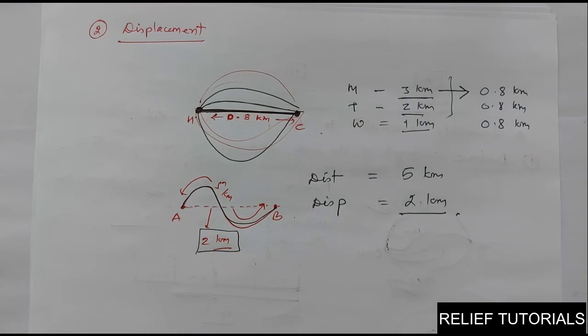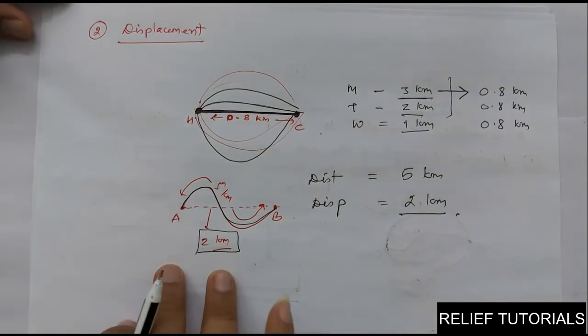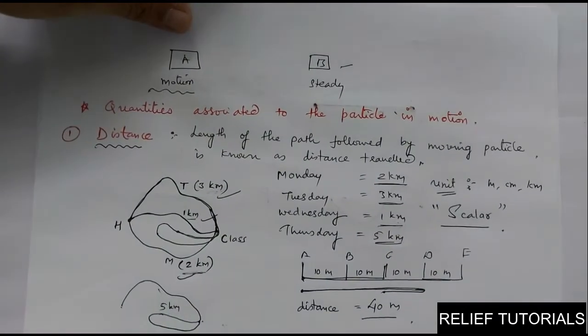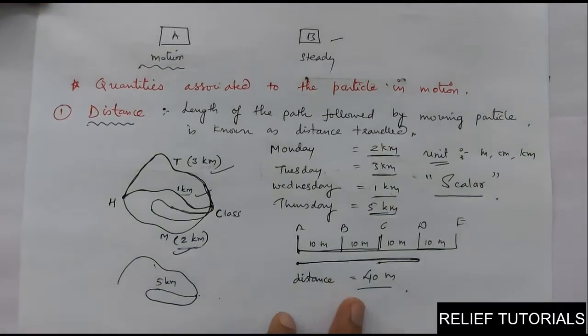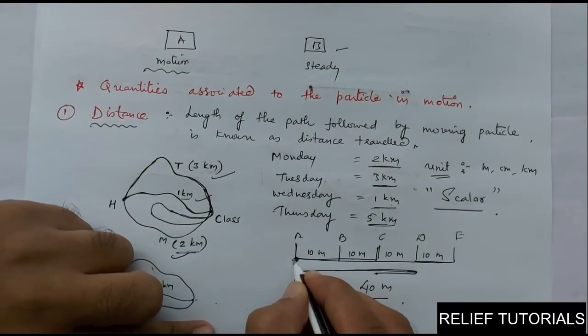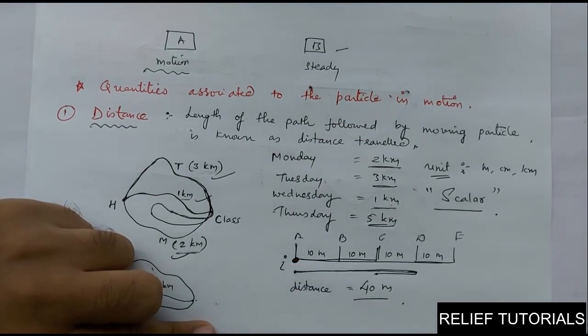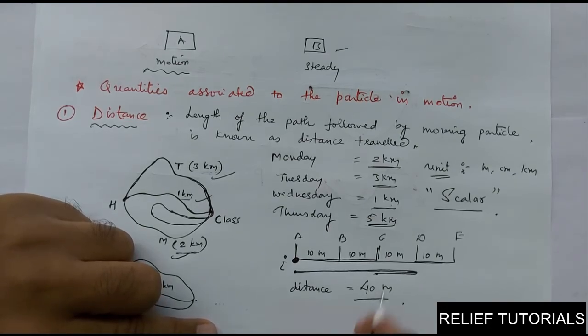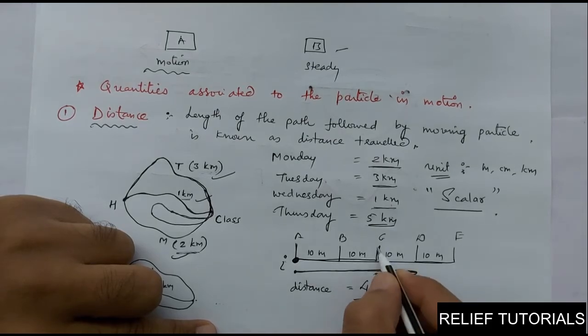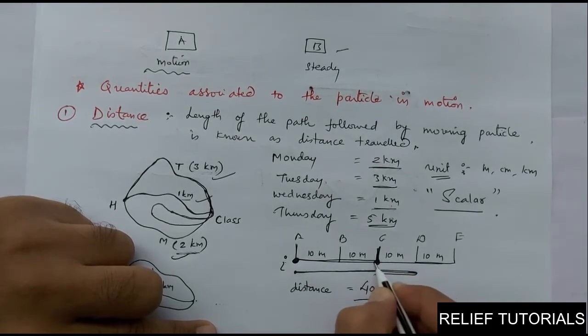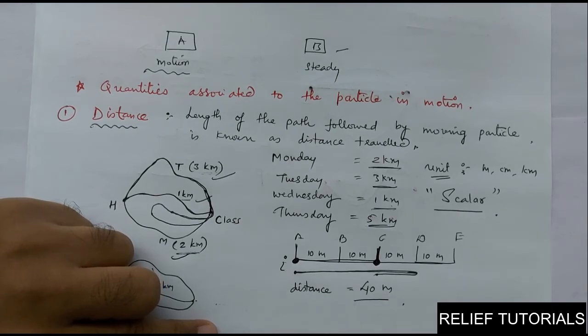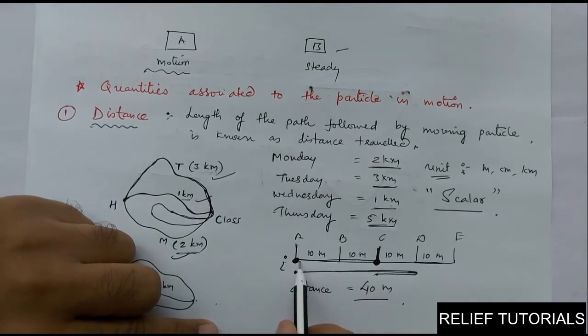Is that clear? Let us take some more examples to understand displacement. Let's take the previous one. Look here. In this, initially you were at bungalow number A. This is the initial point of your journey, and whatever path you followed, finally you came to point C. So by how much amount did you get displaced?